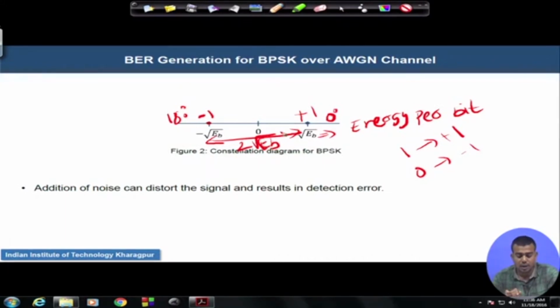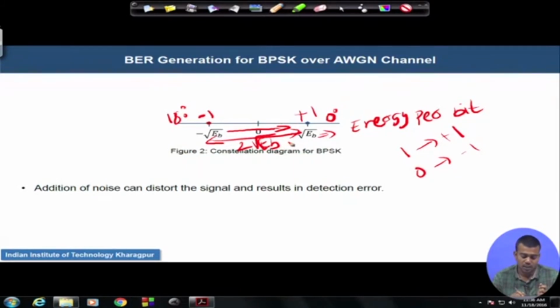This BPSK modulation is very robust, since a large amount of noise or distortion is required to make the system unable to detect the bits. You require a very big amount of noise or distortion to move the signal points so that you cannot detect. If the distance between the signal points becomes less, that means when the signal points come closer to each other, then you will not be able to detect the signal.